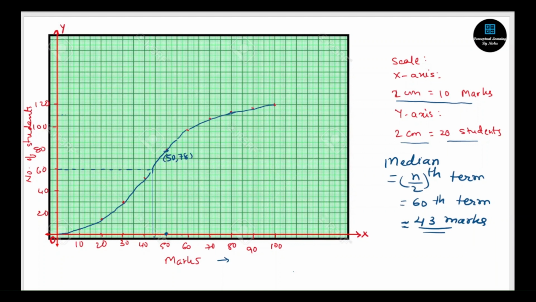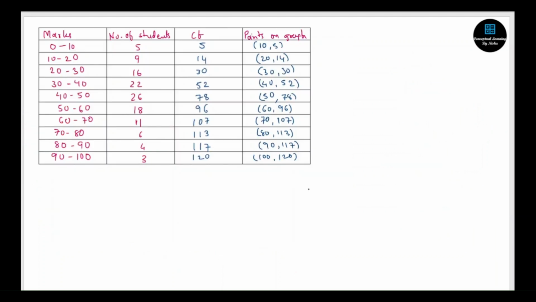We plotted this, that's why we wrote this. So for the second answer, 78 students did not pass. We can read this from the graph.